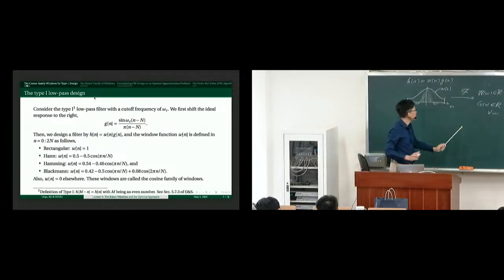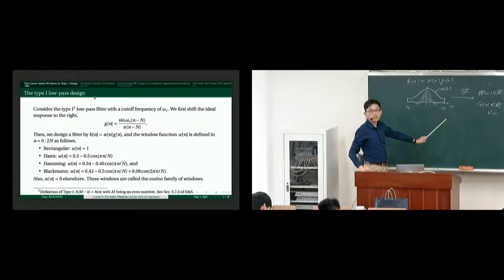But in practice, this window has a time range of -n to n. Strictly speaking, what's the problem? Strictly speaking, this is non-causal, so you cannot run this in real time.